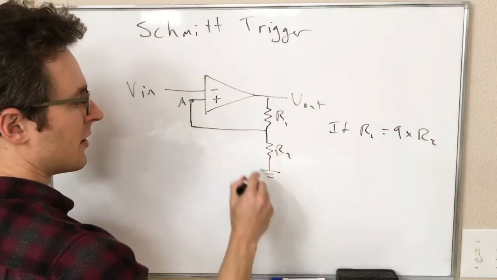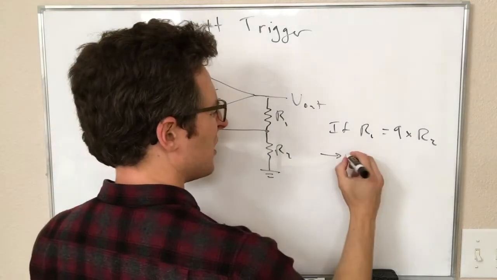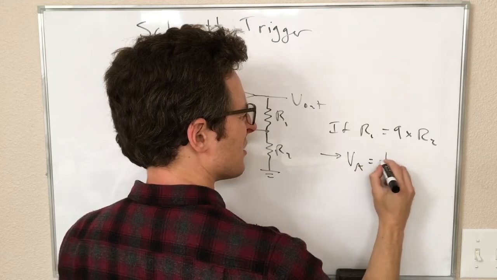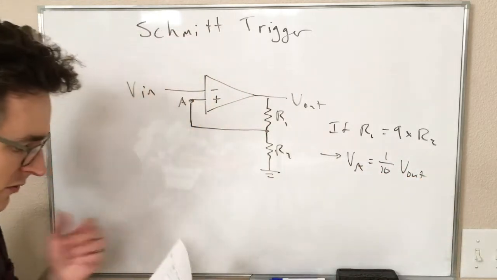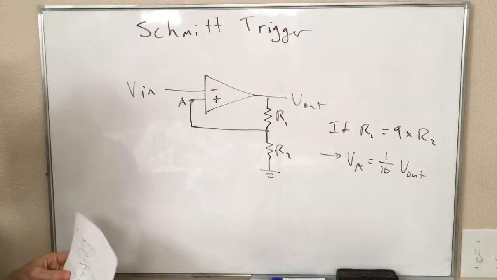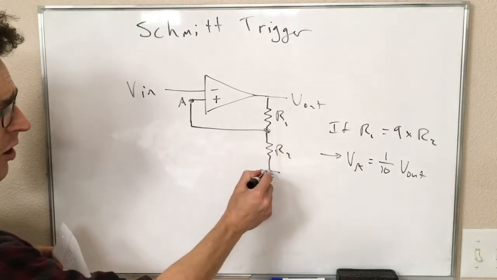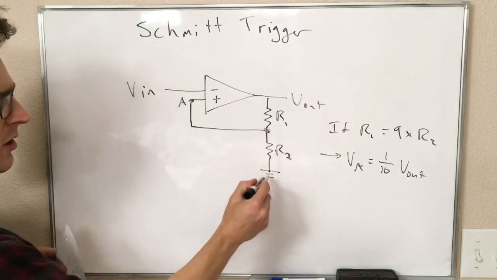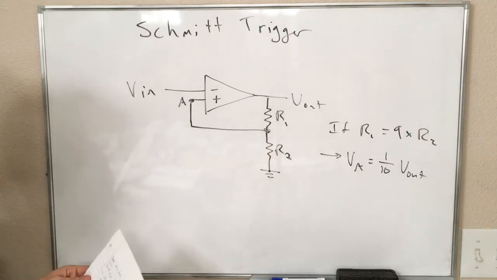Then the voltage divider means that VA, you can check this yourself, is exactly 1/10 of Vout. Whatever our output voltage is, our voltage at point A is 1/10 of that. That's the same as the voltage across R2, right? The voltage across this is the same as the voltage at point A.